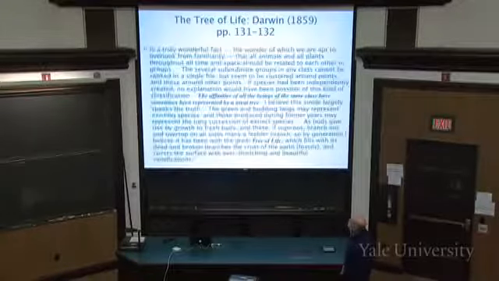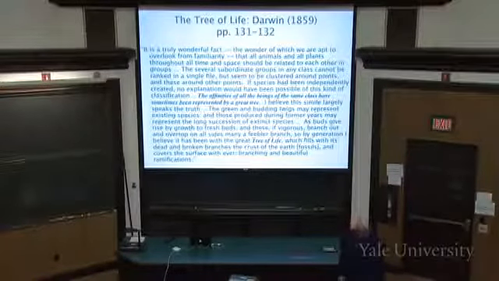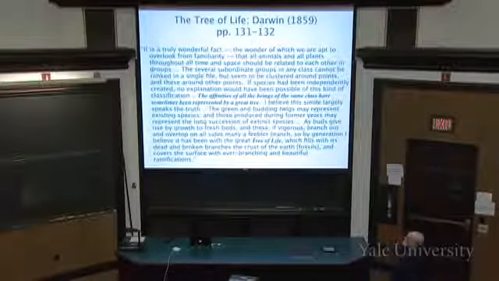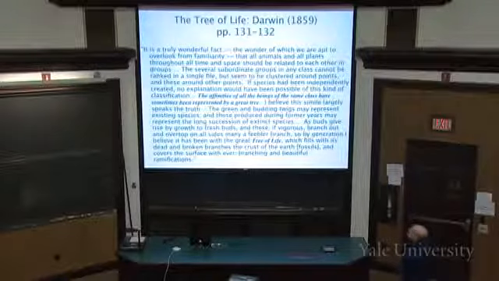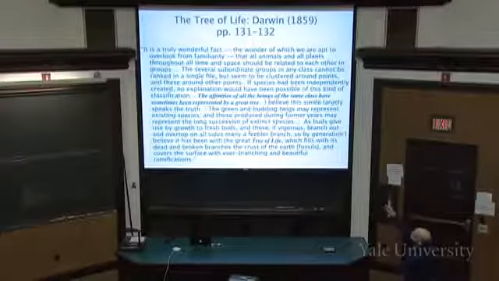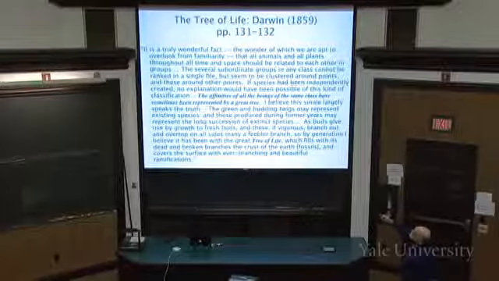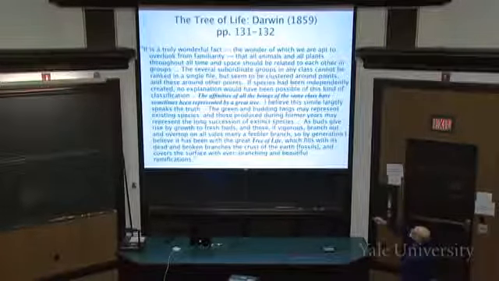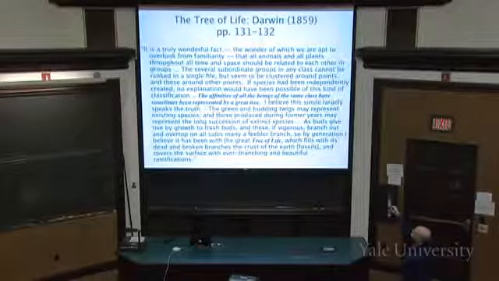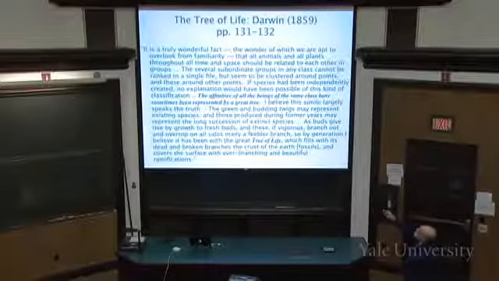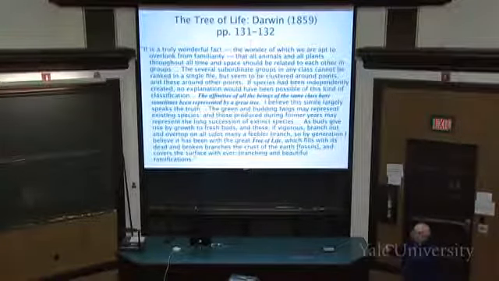Now, this is what Darwin had to say in The Origin about the tree of life. It's a truly wonderful fact, the wonder of which we are apt to overlook from familiarity, that all animals and all plants throughout all time and space should be related to each other in groups. And he goes on about how these groups are hierarchical.